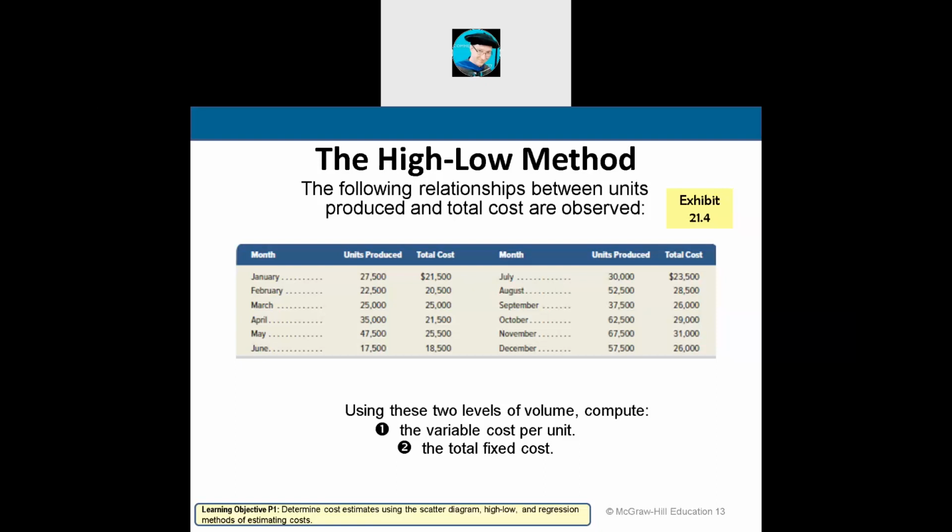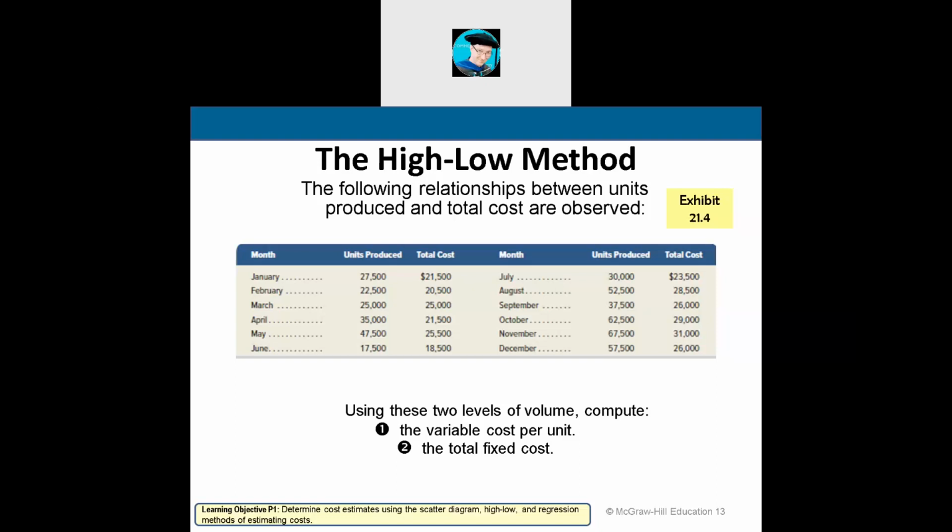So class, for those of you who are on the call today, who can tell me, out of the data in front of you, which is the high month in terms of units produced and total cost? Which one is the high month? May.